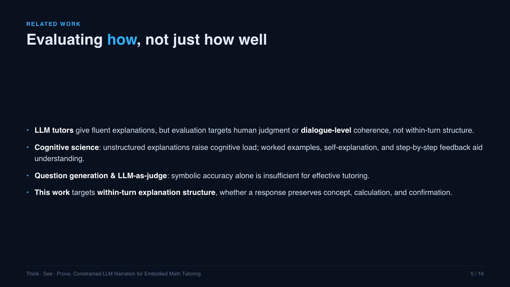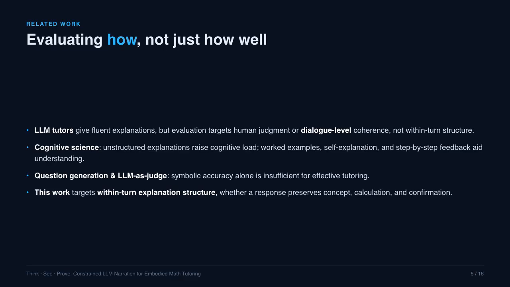Briefly, let me place this in the context of prior work. Language models have been explored extensively for educational tutoring, and they can generate fluent, pedagogically relevant explanations. However, most evaluation of tutor quality relies on human judgment or on dialogue-level coherence, how an entire multi-turn conversation flows, rather than on how a single explanation is sequenced within one turn.